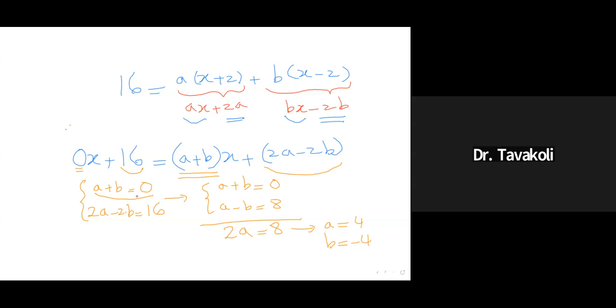So this tells me that step 1 gives us that 16 over x minus 2 times x plus 2 is a over x minus 2 plus b over x plus 2. By the calculation that we just did, a turned out to be 4 and b negative 4.